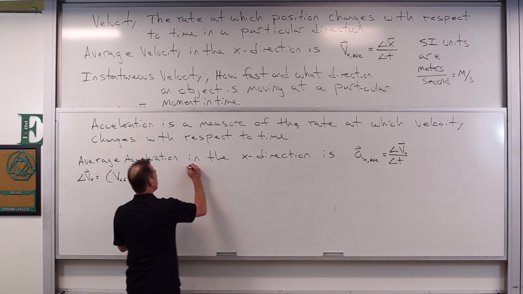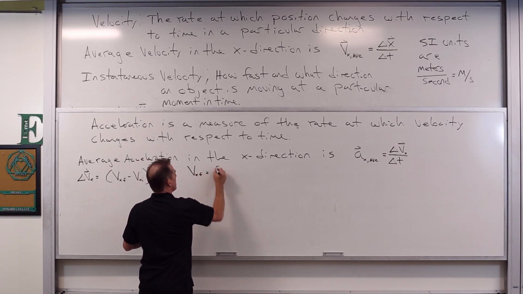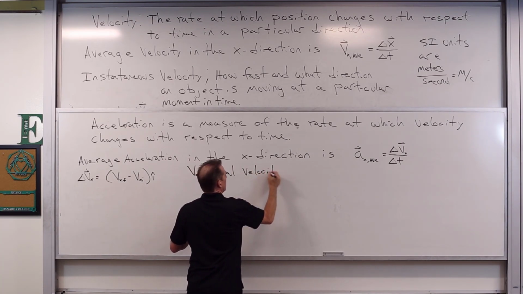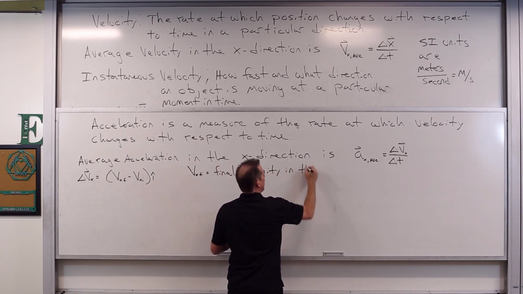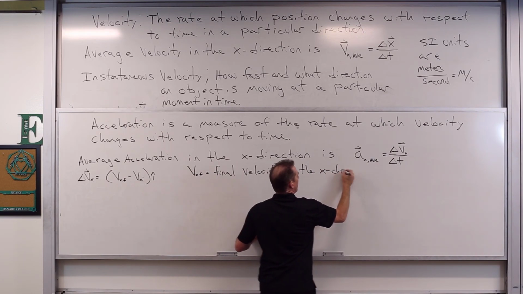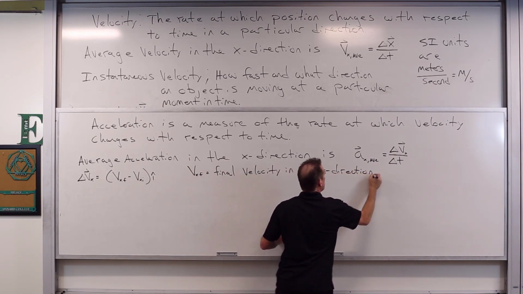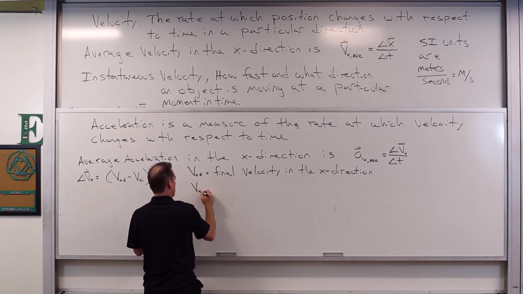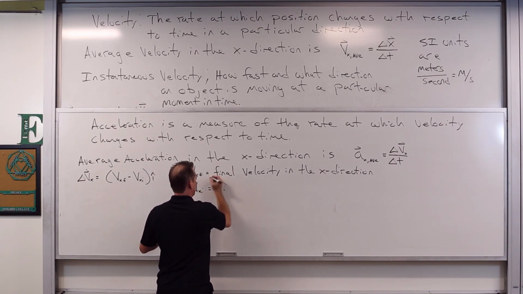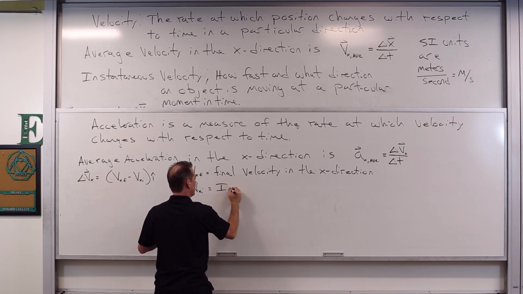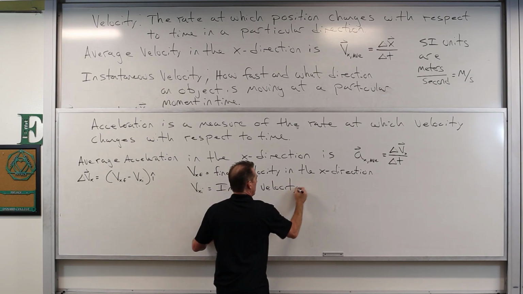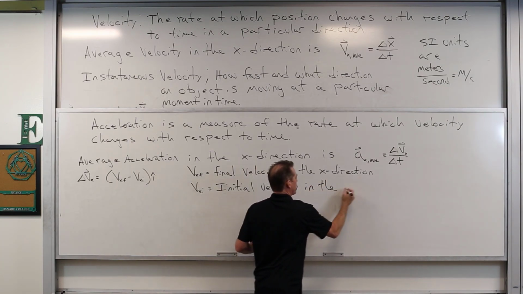So v x final is the final velocity in the x direction, and v x initial equals the initial velocity in the x direction.